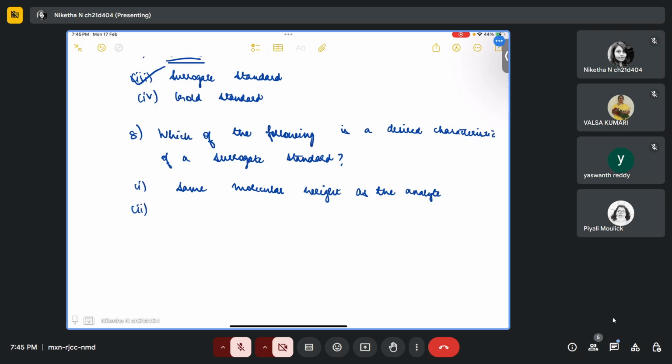Second, the surrogate standard must not be present in the sample.